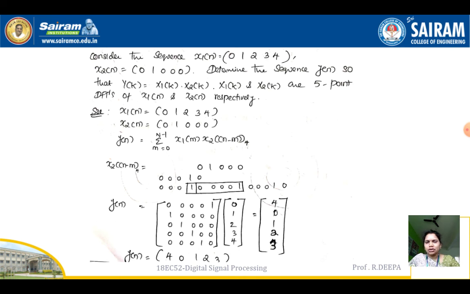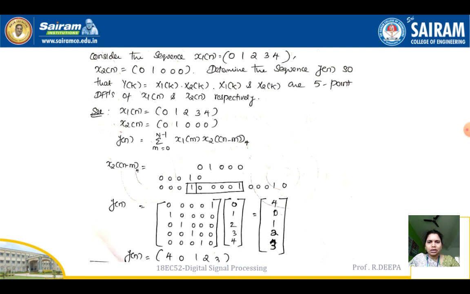So this is just finding the circular convolution between these two sequences. So again, as I told in the previous problem, the first sequence you keep as such, the second sequence you just write it, reflect, and then again repeat it, and consider the sequence from 0 to n minus 1 so that the data are 0, 0, 0, 0, 1. Again frame the matrix and do the matrix multiplication. So the first row is obtained as 0, 0, 0, 1.